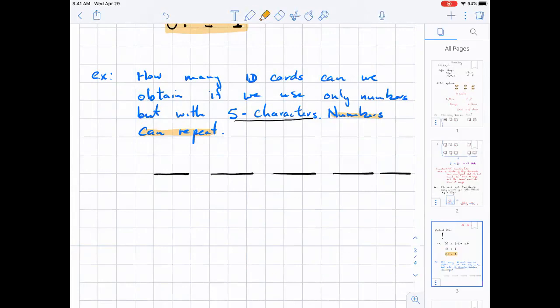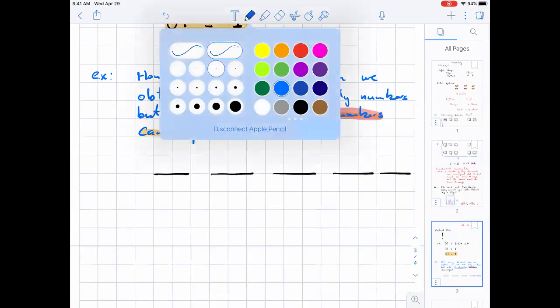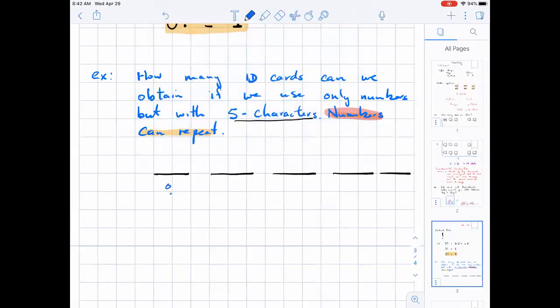Now be careful, because in this example also, we're talking about numbers. So in your first slot, you can pick 0, 1, 2, 3, 4, 5, 6, 7, 8, 9.